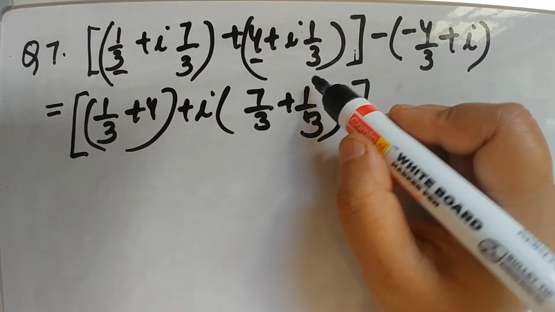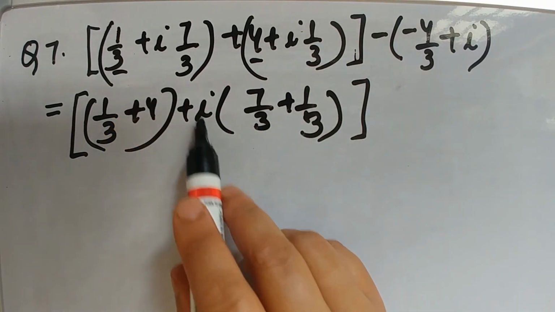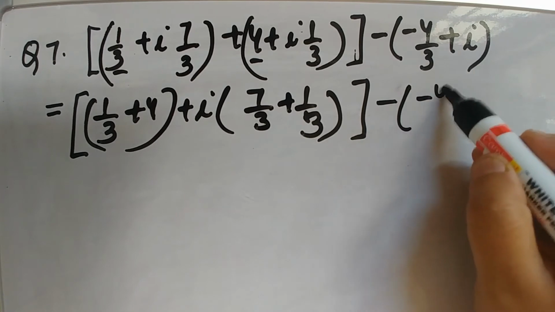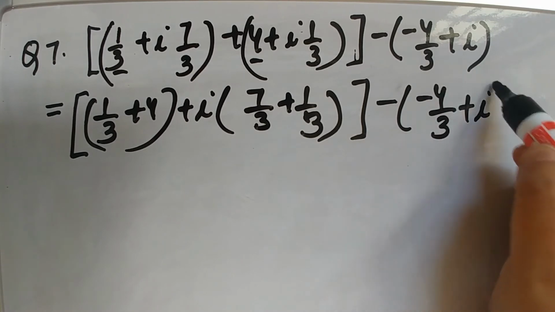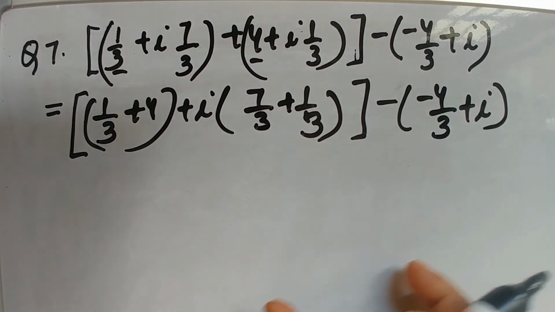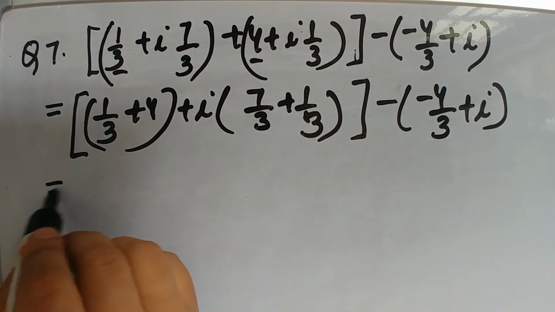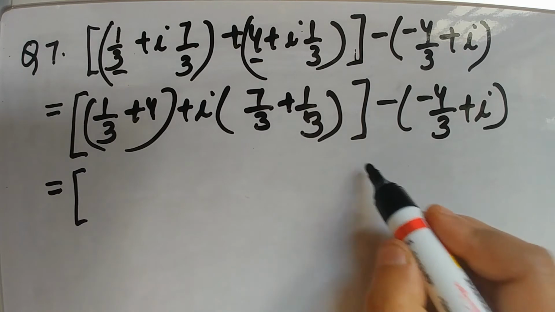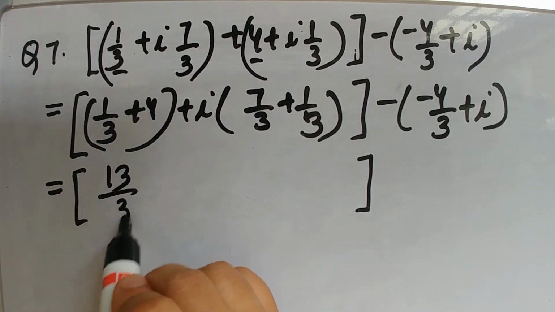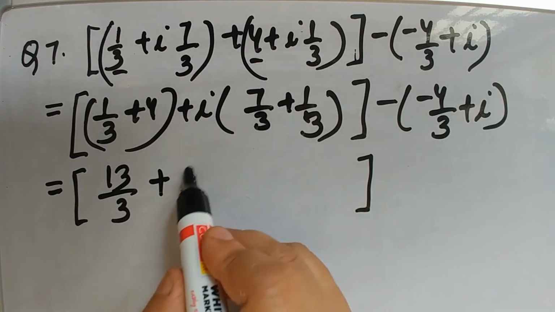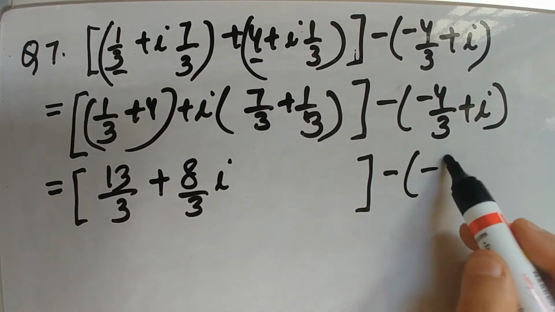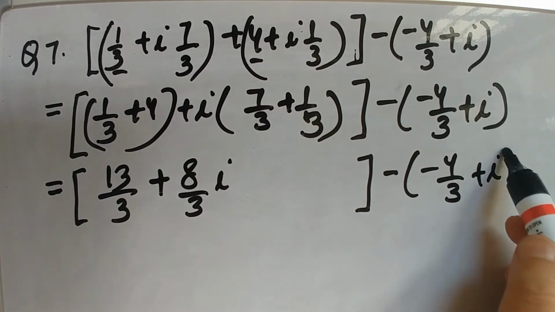And iota is outside, 7 by 3 plus 1 by 3. Okay, minus, let's not open it, because when we will fix these two together, then at that time we will work it out. So after taking LCM, it becomes 3 4s are 12 plus 1, 13 by 3 plus this is 8 by 3 iota, and minus 4 by 3 plus iota.